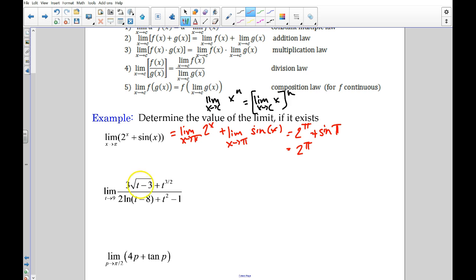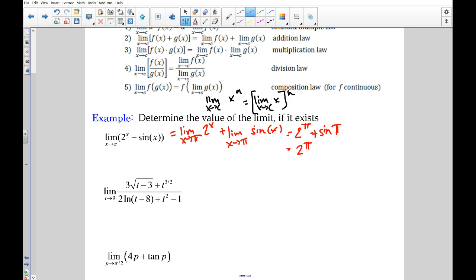If I put in 9 here, that'll be positive, so I can take the square root of a positive number. 9 to a fractional power, that'll be fine. If I put it into the natural log, that's still positive, so that's okay. And putting 9 in for the t in the last piece works as well. So, all in all, I am fine.